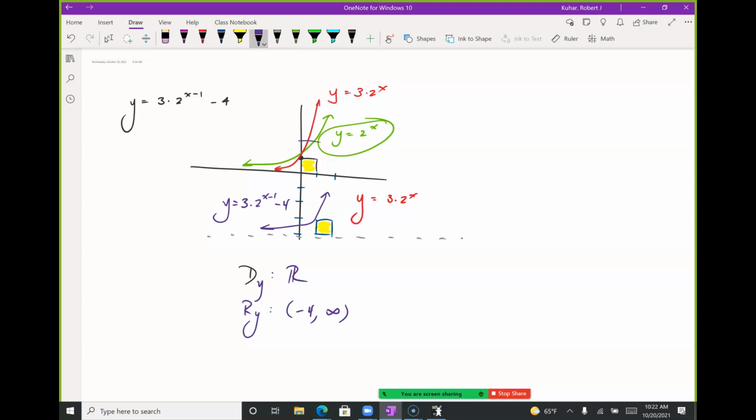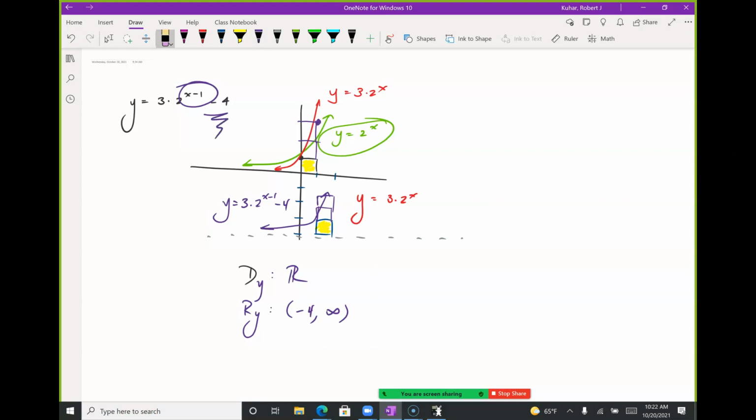What happened to my square when I multiplied it by 3? It's at a height of 3 now. And then I moved it over 1 from the x minus 1, right? Remember, x's behave inversely. And then down 4. Right, down 4 because of that.